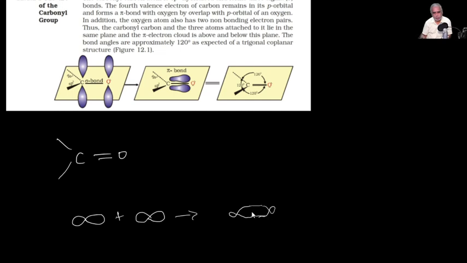Okay, so there will be an overlap. So this is sigma bond. And this can happen with a p and s orbital also. So in that case, it can form an orbital like this. So that leads to sigma bond once again.